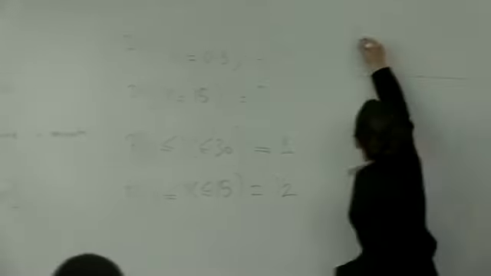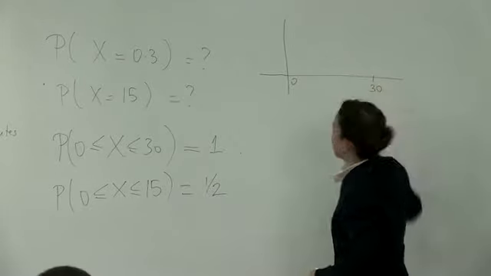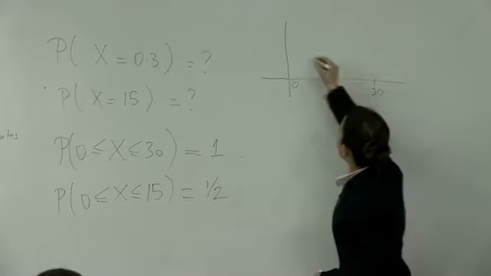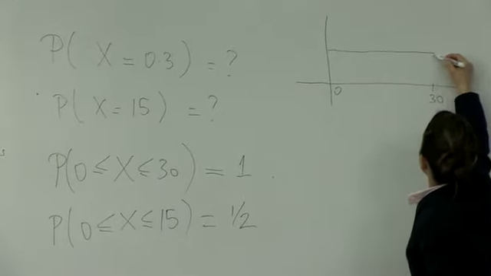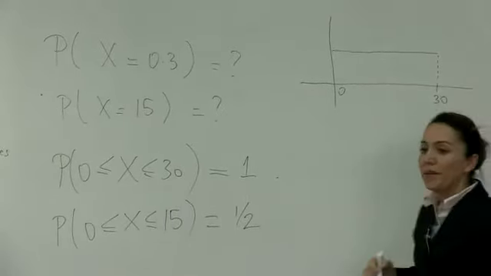Essentially, here's what we're thinking about. Here is 0, here is 30, and we have a constant level of probability per minute, and this is X in minutes.